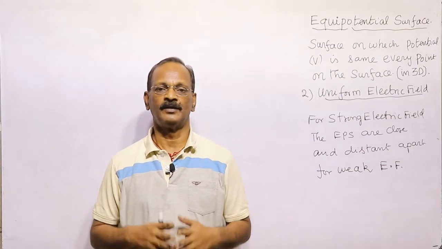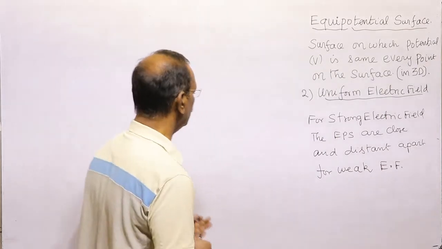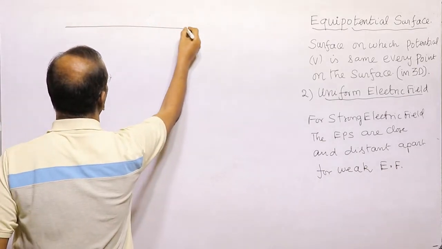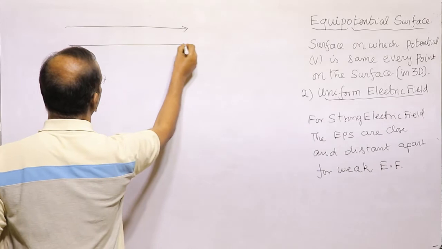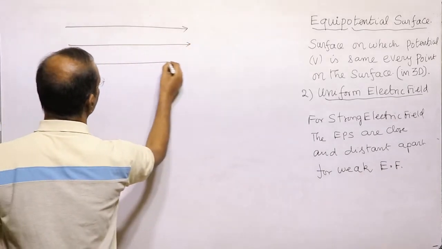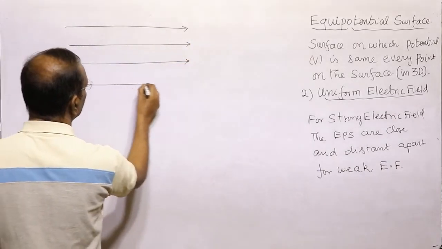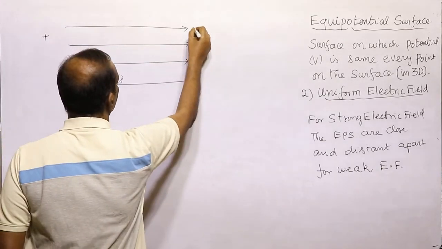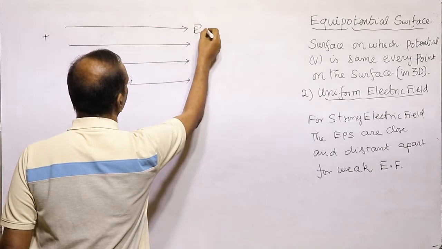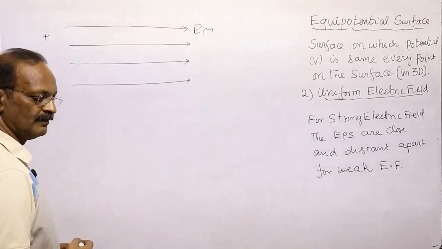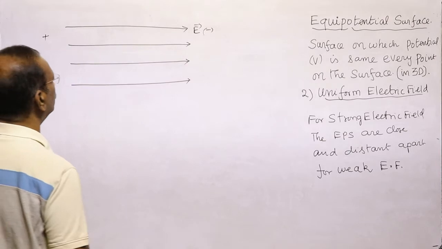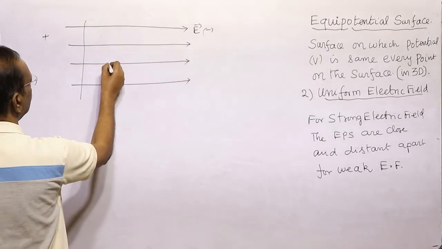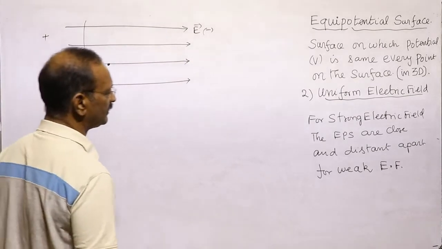Equipotential surface for a uniform electric field. How will a uniform electric field look? The electric field lines will be like this, equally spaced lines. This is the positive side of the electric field, this is the negative side. For a uniform electric field, what will happen? Let us take a distance. At this distance, what is the potential?